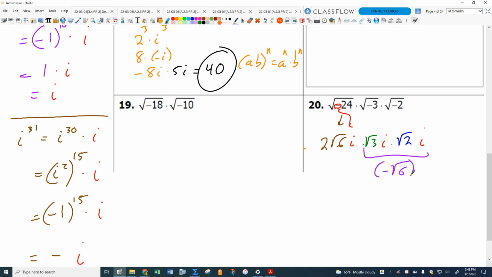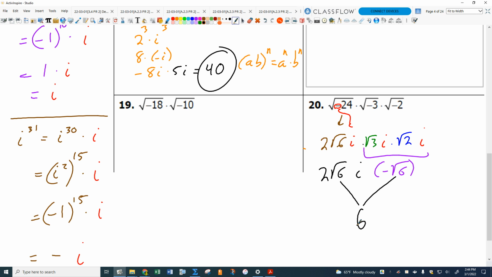Okay, times 2 times the square root of 6 times I. Okay, well now what do we got? Let's multiply these numbers together. 2 radical 6 times negative radical 6. Square root of 6 times square root of 6 becomes what? 6.